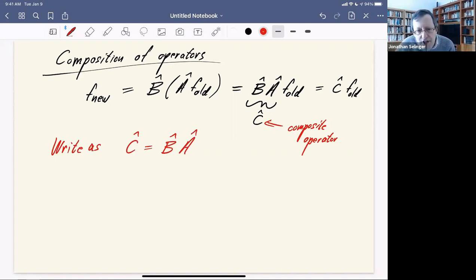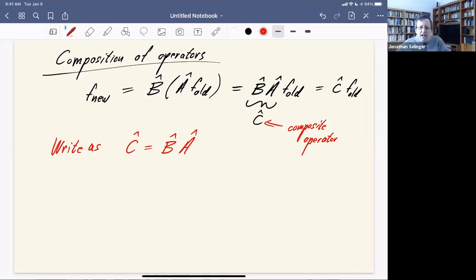So here we have combined two operators, A and B, to make a third operator, C. It's as if you're writing software and you have two subroutines, and you always want to feed the output of one subroutine into the input of another.